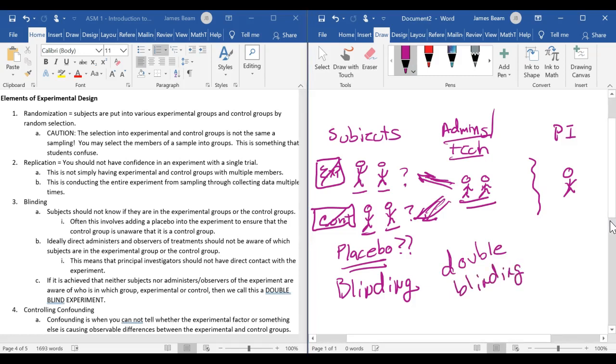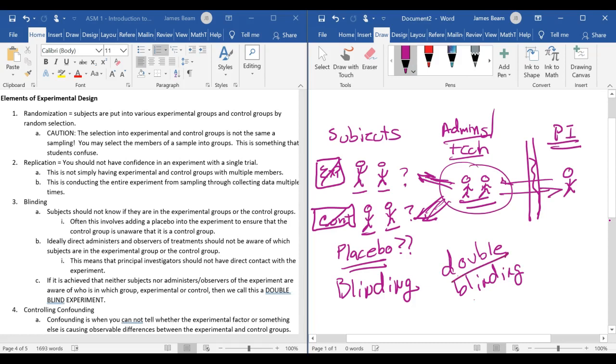Okay, so this person is kind of firewalled from the whole experiment, and they're setting everything up, and they're the one handing the things to the techs, and the techs are the ones handing the things to the people. The techs are making observations of the people and then giving back this person their thing.